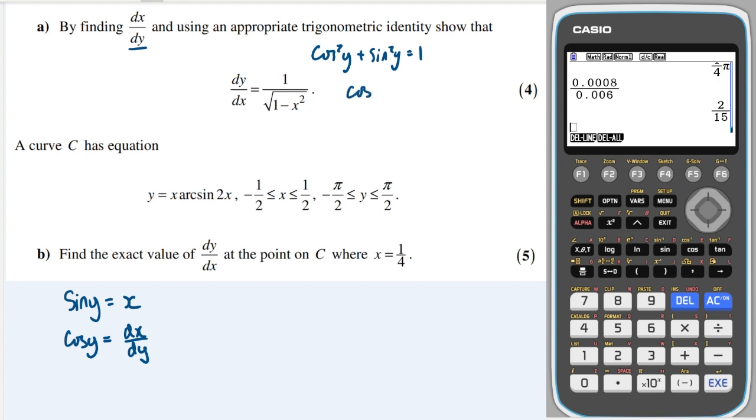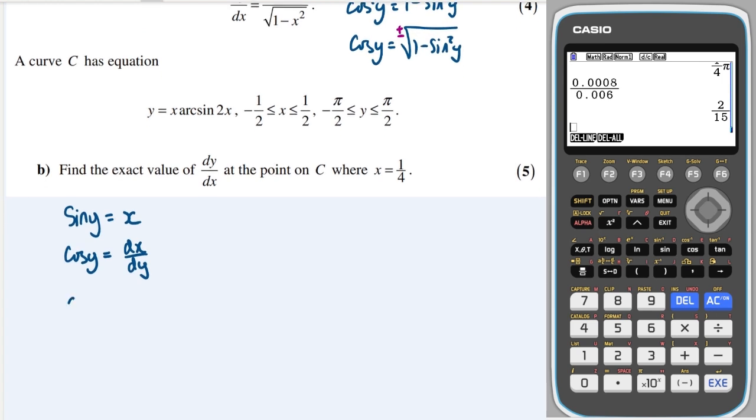So we know that cos squared y is equal to 1 minus sine squared y, and therefore cos y is equal to the square root of 1 minus sine squared y, plus or minus.